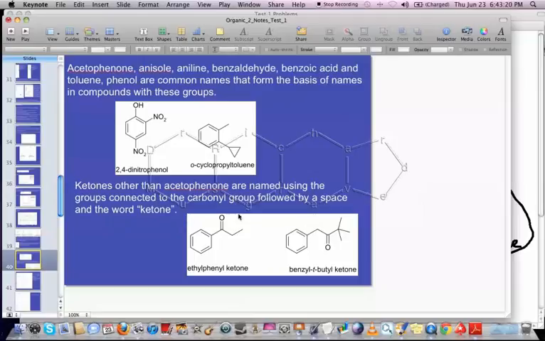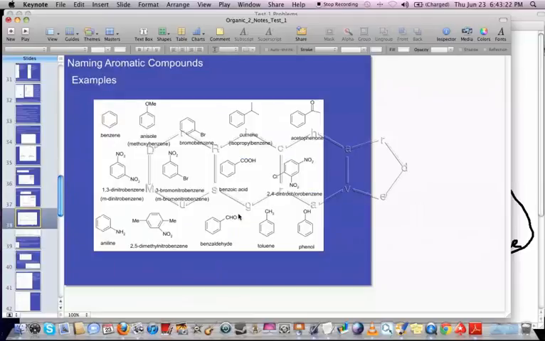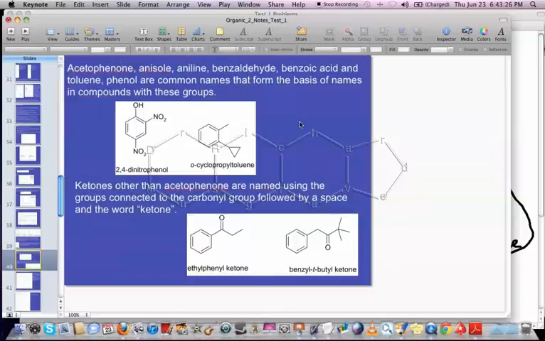If you've got a ketone other than acetophenone, remember acetophenone is this one here with the methyl and the phenyl group, then that would be named based on the ketone, and this would be ethyl phenyl ketone. This is an ethyl group here, CH2CH3, and a benzene ring directly connected to the C double bond O is called a phenyl group. So that's ethyl, phenyl, and space, then ketone.